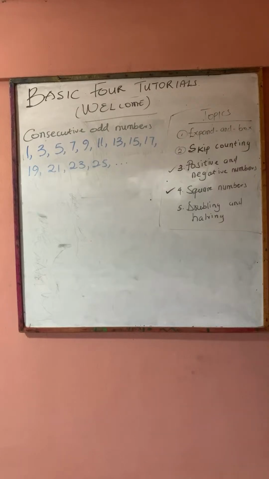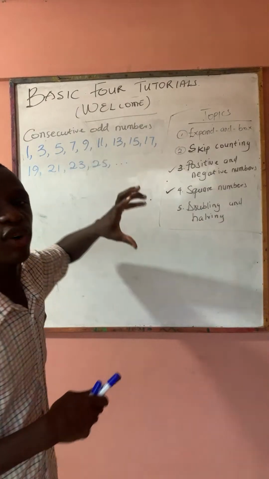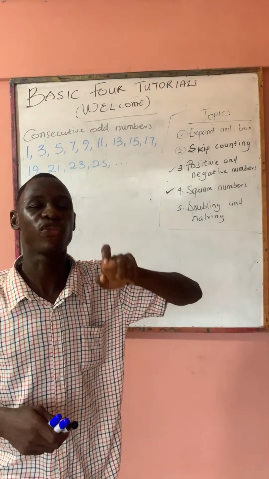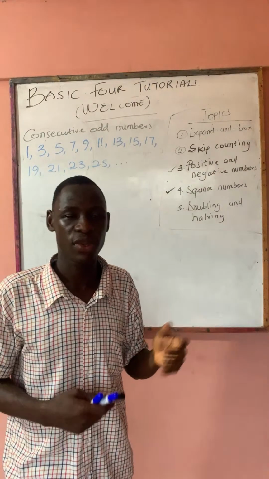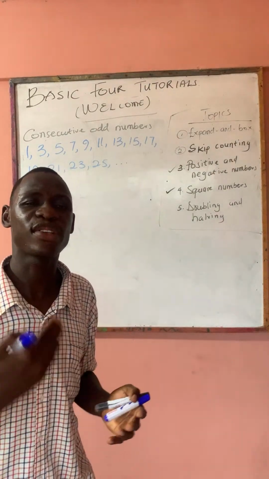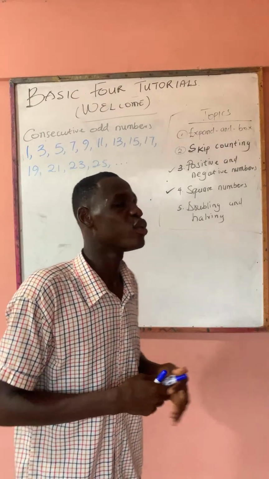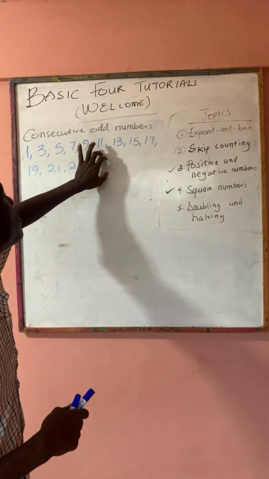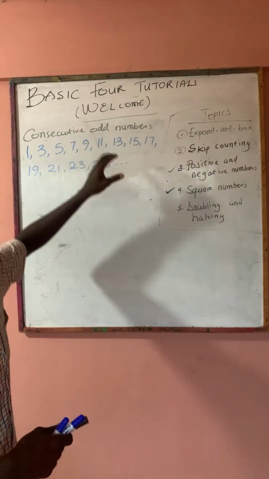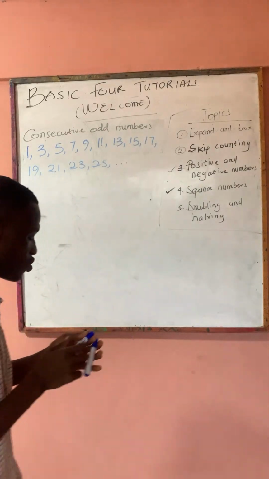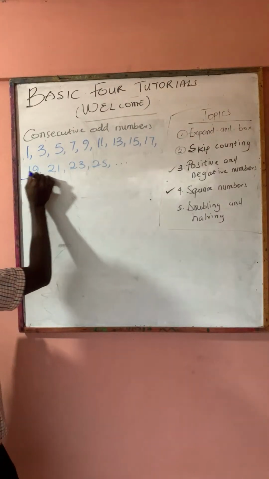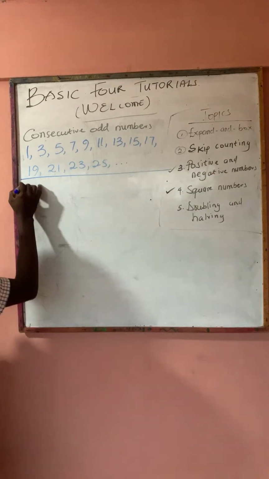Now, we're going to use these consecutive odd numbers to help us find the value of square numbers. We just look at square numbers as a number that multiplies itself. But when the number multiplies itself, it gives us a particular value. We're going to use these odd numbers to help us find the value of square numbers. So let's do a very quick table here to get the number.